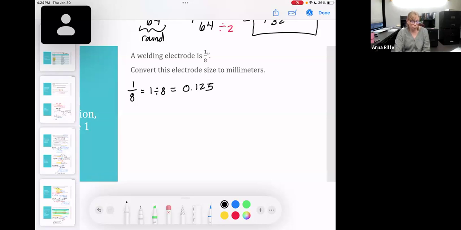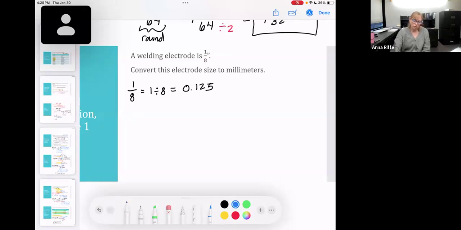So if we use what's on that conversion chart on Canvas, we have to use two different conversion factors, or use one conversion factor and then use what we talked about last time with prefixes. I think let's do the latter.